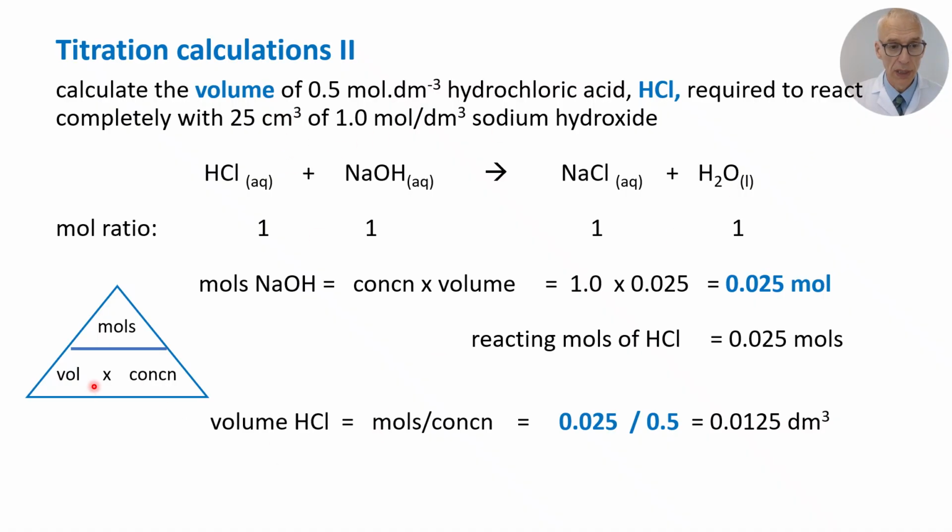So volume is moles divided by concentration. So 0.025 divided by 0.5 moles per decimeter cubed. So the volume is 0.05 decimeters cubed, which comes out as 50 centimeters cubed.